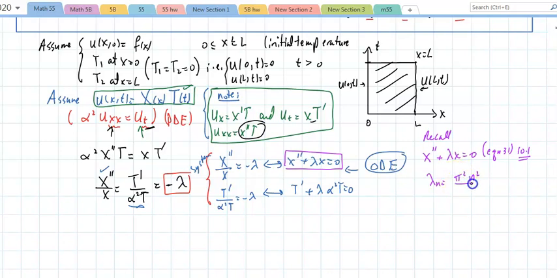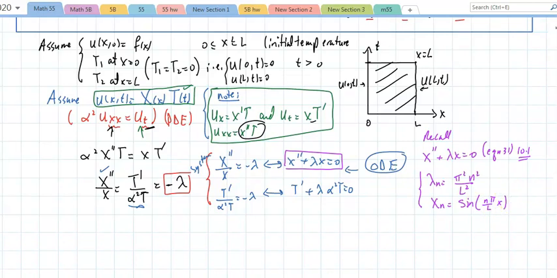You could look at the notes and see that we did that. This was the eigenvalue, and the eigenfunction was the sine of n pi over L x. So that was in our notes.